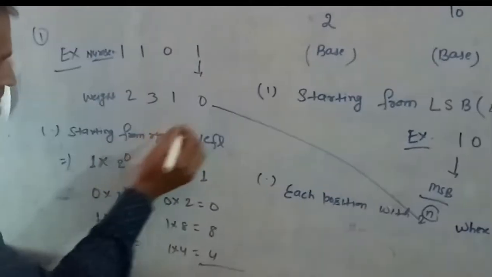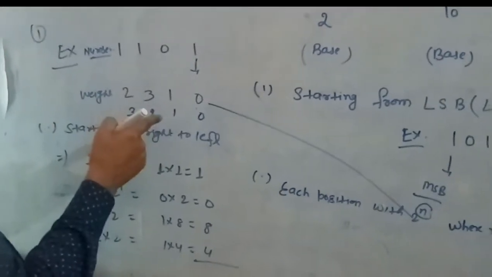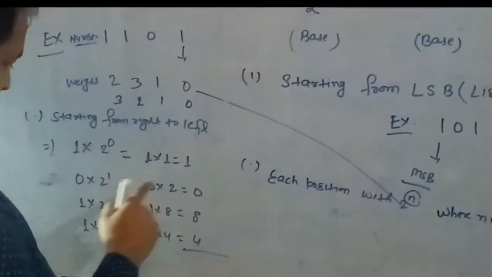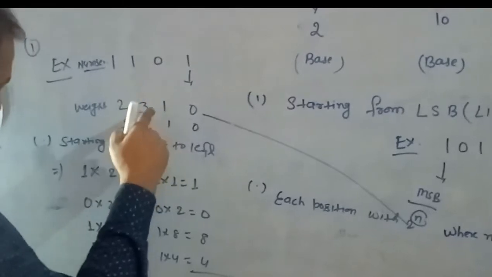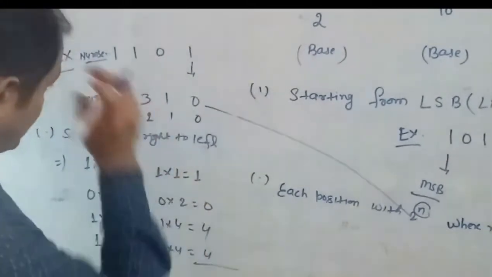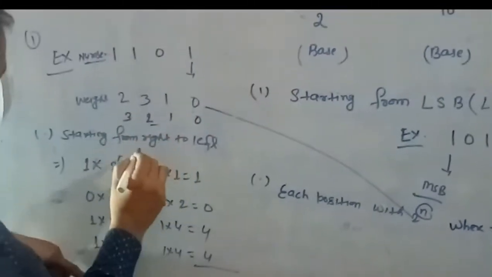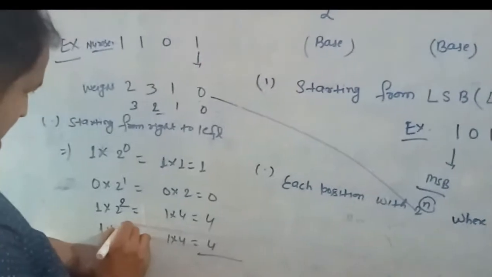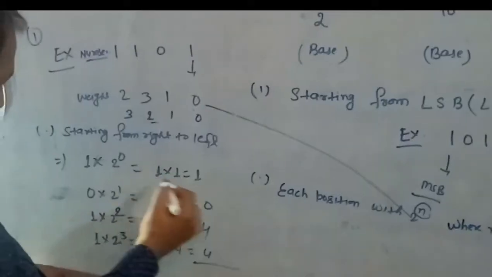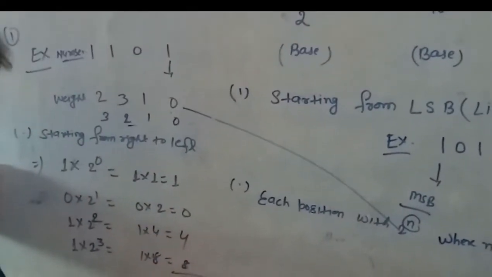This is the position value. This is the example. Total value 13.